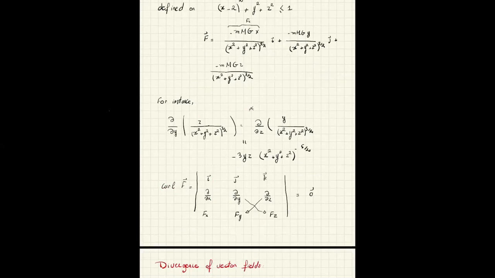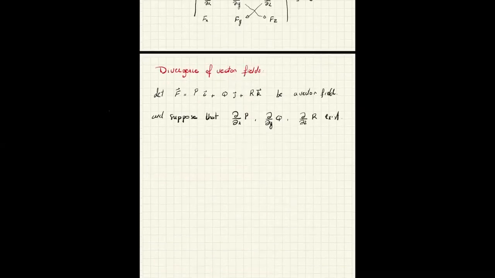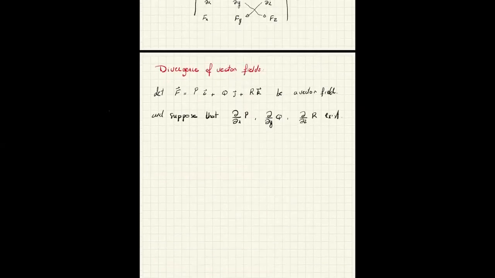Sorry, thank you for reminding me. So this is Fy, and this is Fz. Okay, so this is the formula for the curl. Does it make sense? Right? So this is just an example. It has nothing to do with anything.